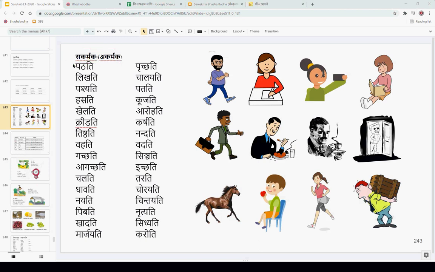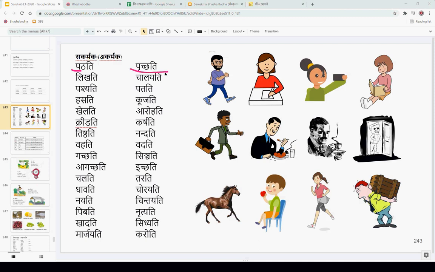So for example here, patati. Patati is what kind it is? Is it sakarmaka or akarmaka? So if you ask the question, kim patati, what is he reading? If there is an answer possible, then it is a sakarmaka kriyapada. Kim patati, is it sakarmaka or akarmaka?